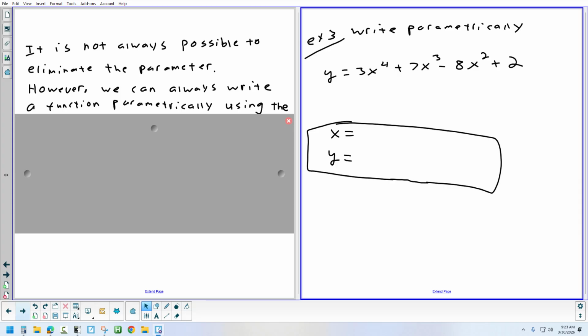Okay. Anyone think they could come up with a really simple way to write this parametrically? So try to think like we were doing it backwards.